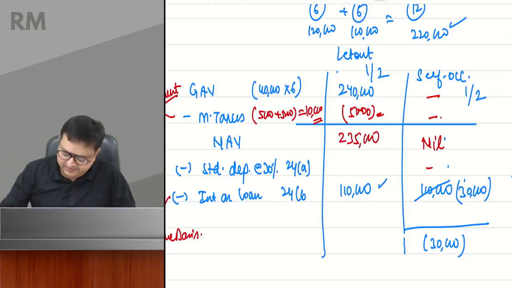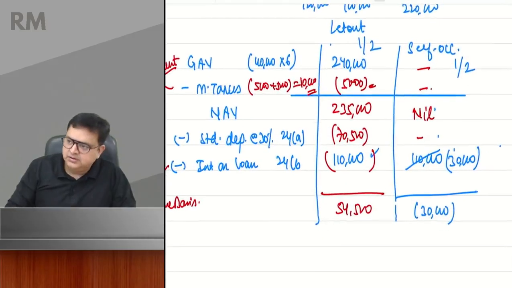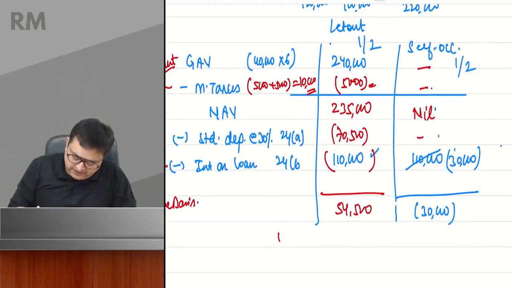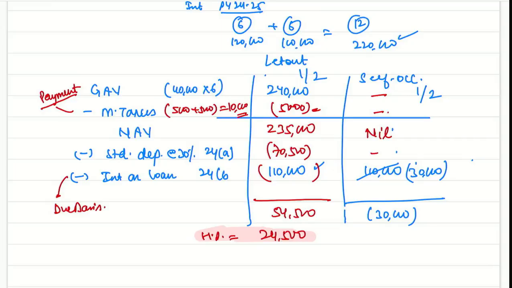Standard deduction 30%: 70,500. 54,500. So the house property income, correct Darshini, it comes to 24,500. Let me know if everybody has done that. Correct, Aditya?